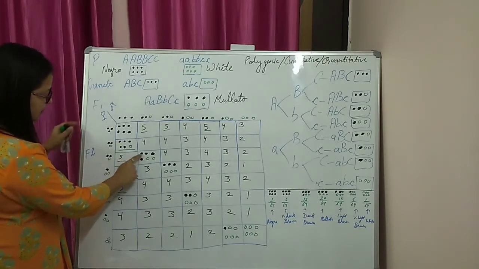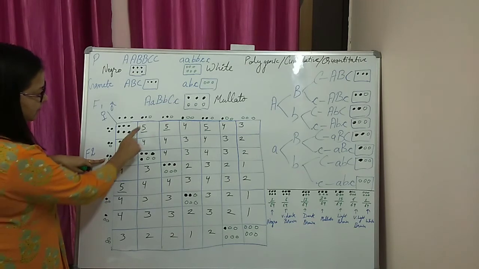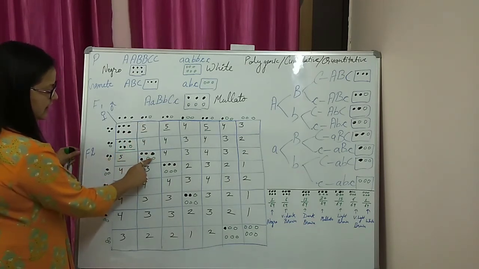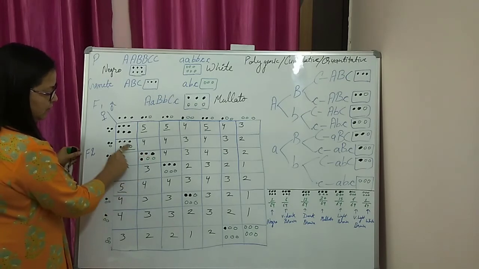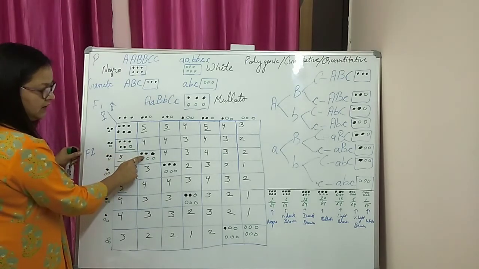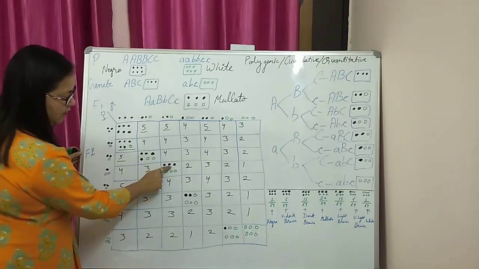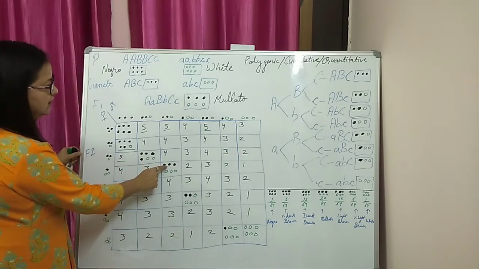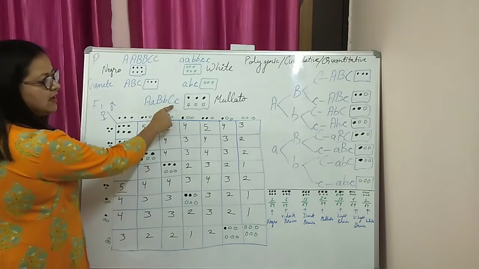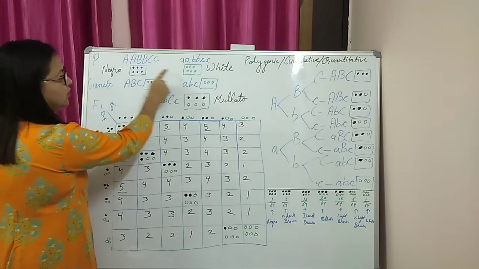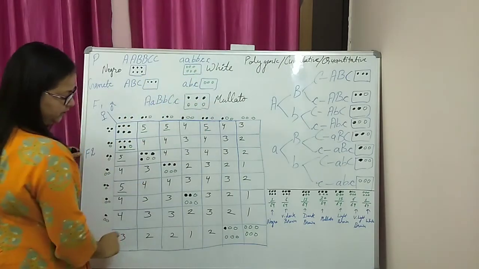In this, 2 dominant alleles come from this side, 2 from this side. We have 4 dominant alleles. It means here is 4 in comparison to 5. It will be the lighter brown color. Here only 3 dominant alleles are there. It means it is just like the F1 generation, just intermediate between the Negro and white, that is mulatto.